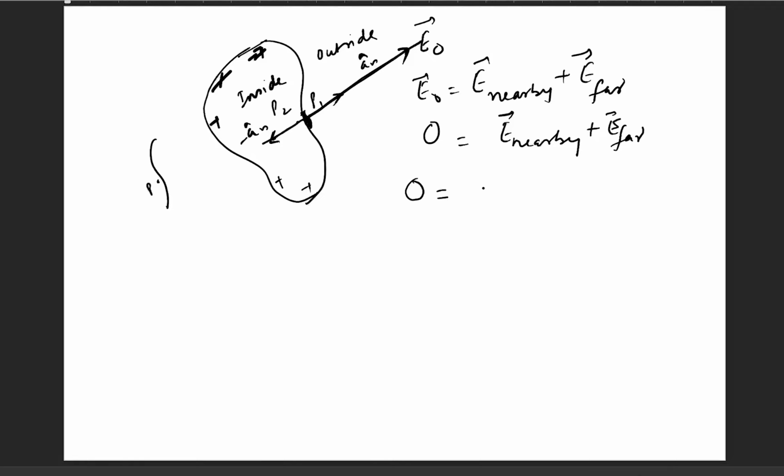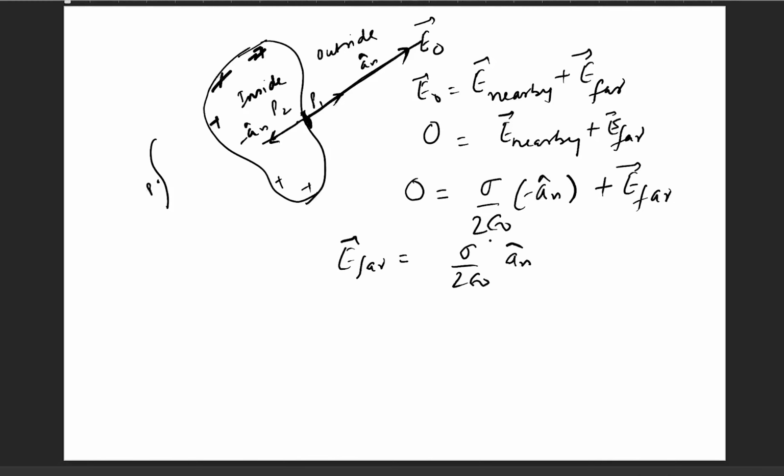So you will think that it is creating a field of sigma by 2 epsilon naught only, which we have derived in one of our lectures, the field due to an infinite long charged surface. But the direction will be minus of an, and E far we don't know as of now. So you see E far is simply sigma by 2 epsilon naught an.